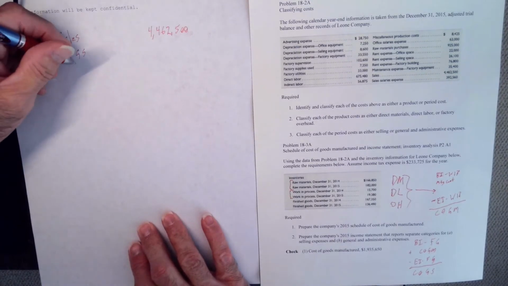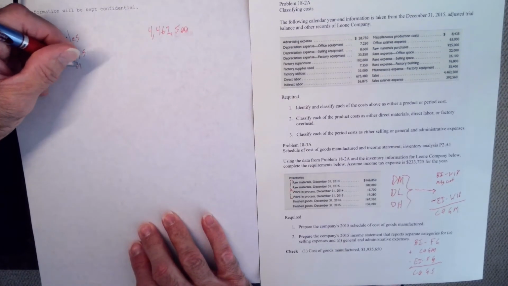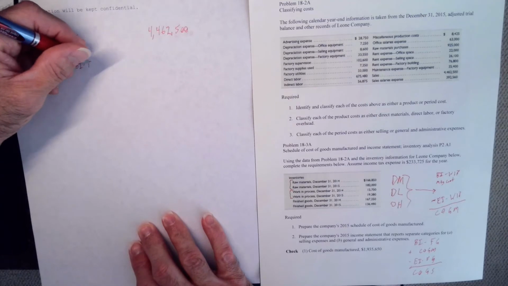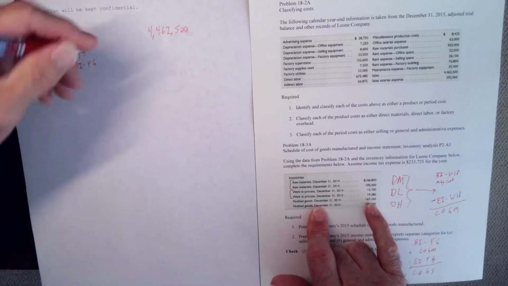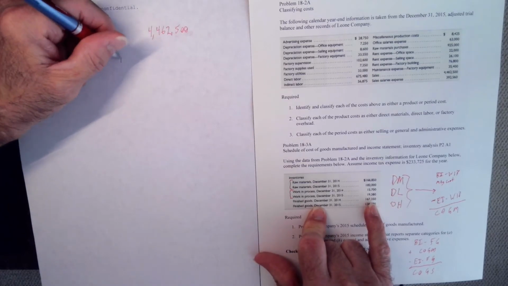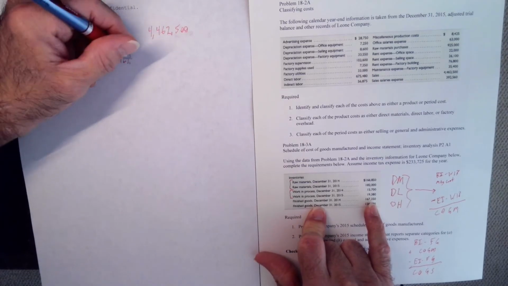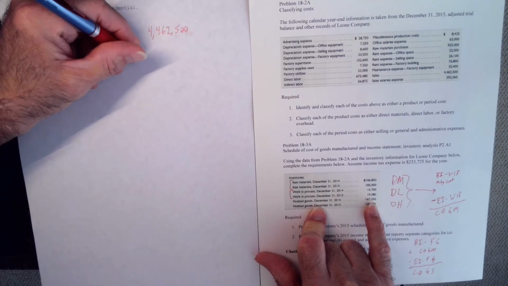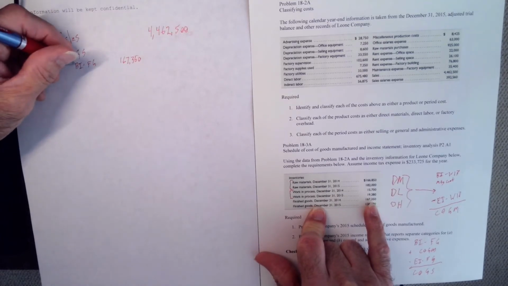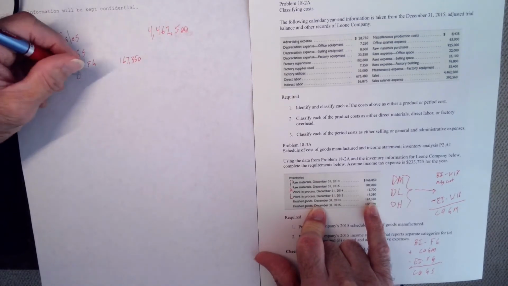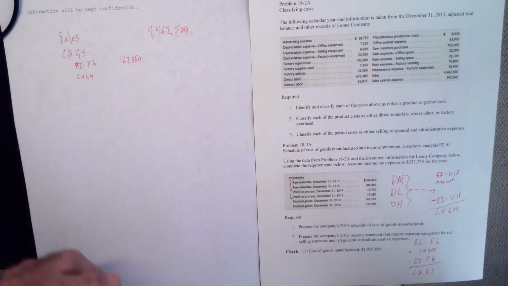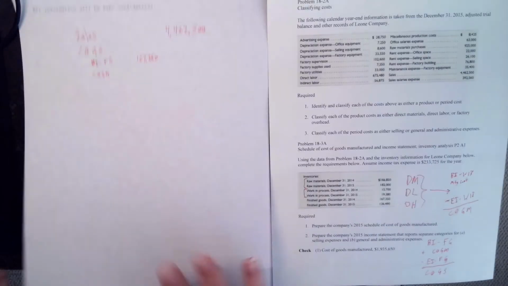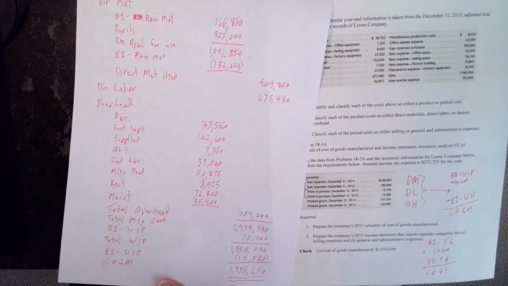Here's my cost of goods sold. I'm going to start with beginning inventory for finished goods. And my beginning inventory is 167,350. I'm going to add to that cost of goods manufactured, which was right there. Okay, 1,935,650.